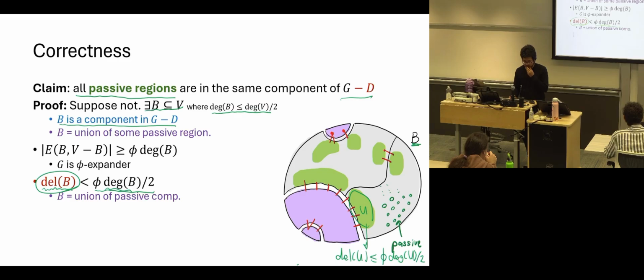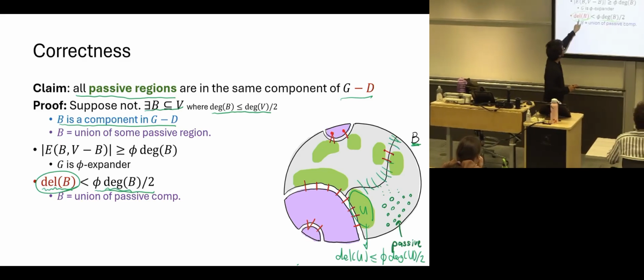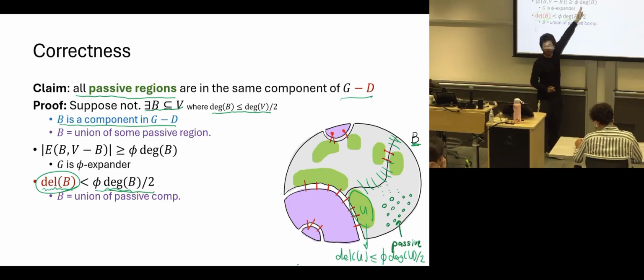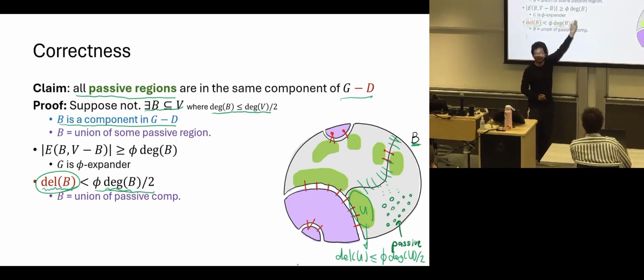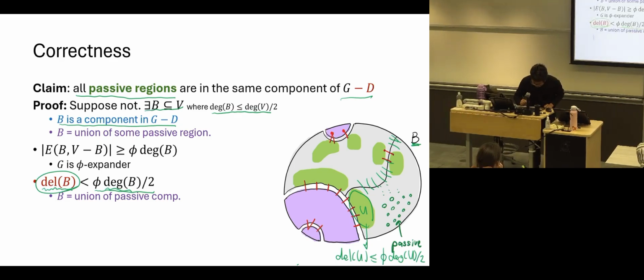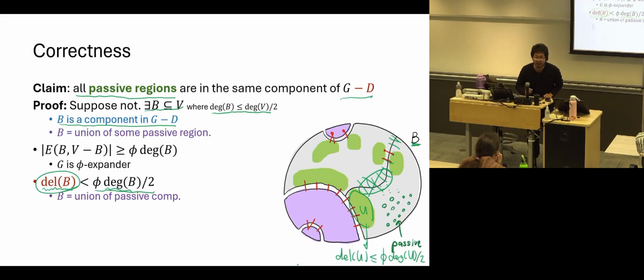Okay. All right. So what does it mean? There are a lot of edges crossing B, but what you can delete is less than half of what crosses B. You can delete only half of this.